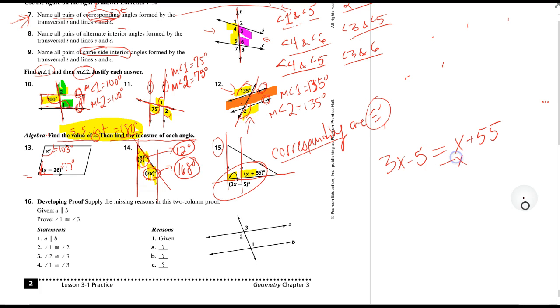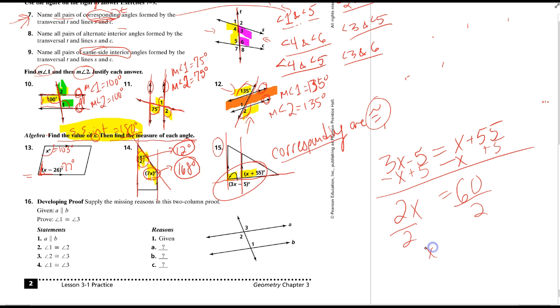I'm going to subtract the smaller number of x's first, so I get the x's together on one side. Then I'll add the 5 to both sides, leaving me 2x equals 60. Divide both sides by 2, x is 30. Now I use that value of x to plug it back in, and for x plus 55, 30 plus 55 makes this 85.